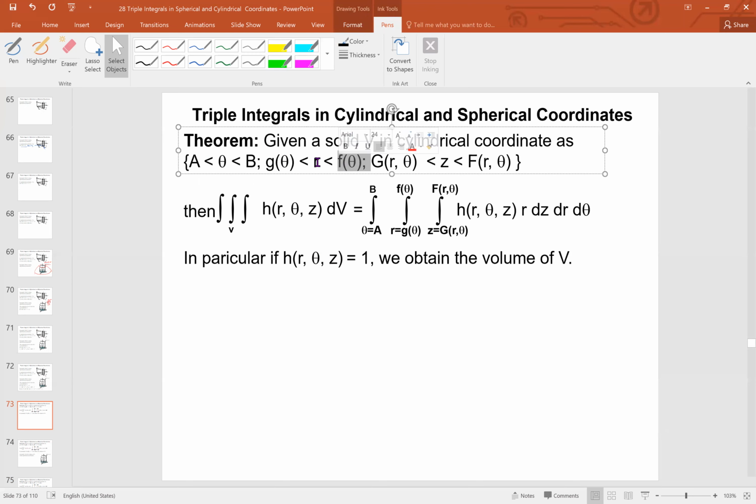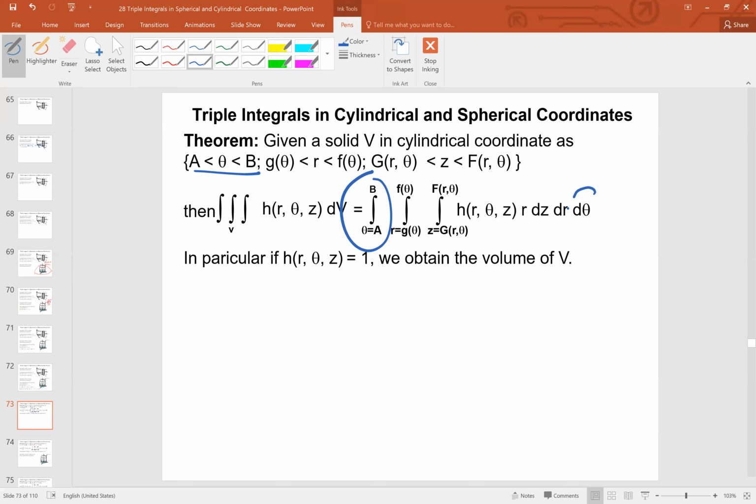From r to what? So if the solid is described in this fashion, again, we set the integral starting from the outside. This is the integral in the middle portions.